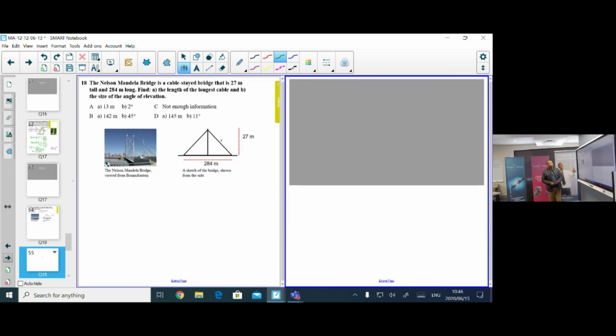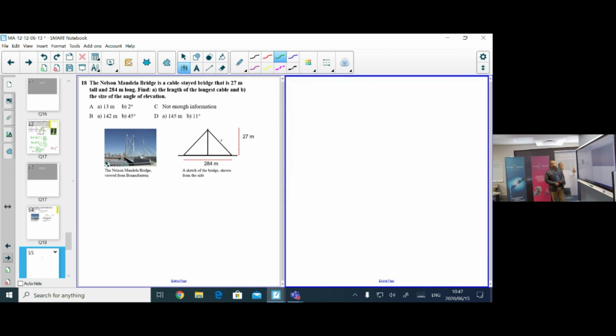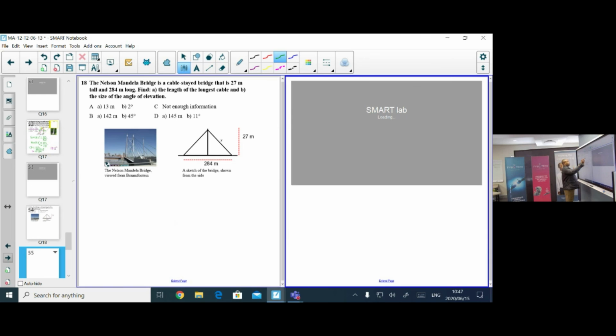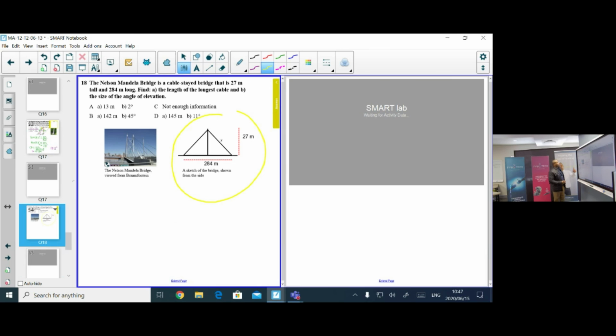And then to leave you with something interesting, you can look at the Nelson Mandela Bridge, which is in Joburg City, and you have the picture there. You are given a diagram to make it easier to understand. So if the bridge is 27 meters tall and 284 meters long, what is the length of the longest cable on the bridge?